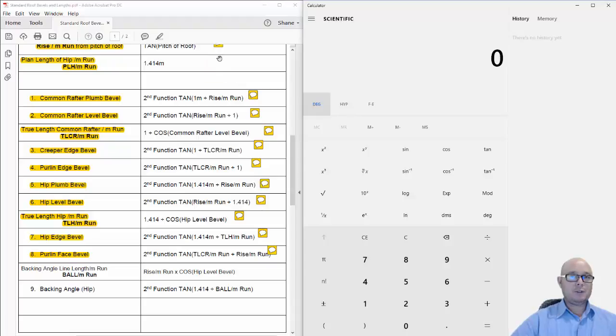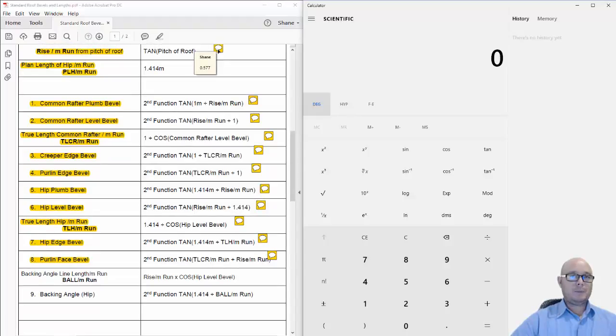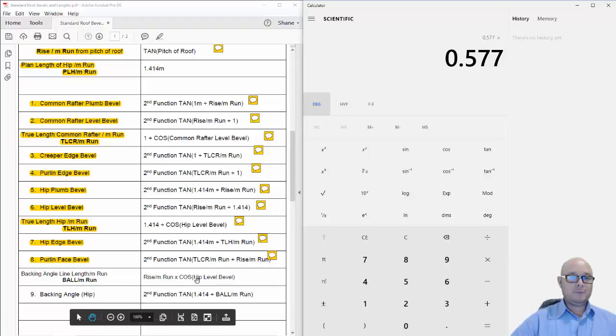The rise per metre run was 0.577, and it is times, or multiplied by, the cos hip level bevel. So I'll do the brackets first, and the level bevel for the hip was 22.2 degrees.